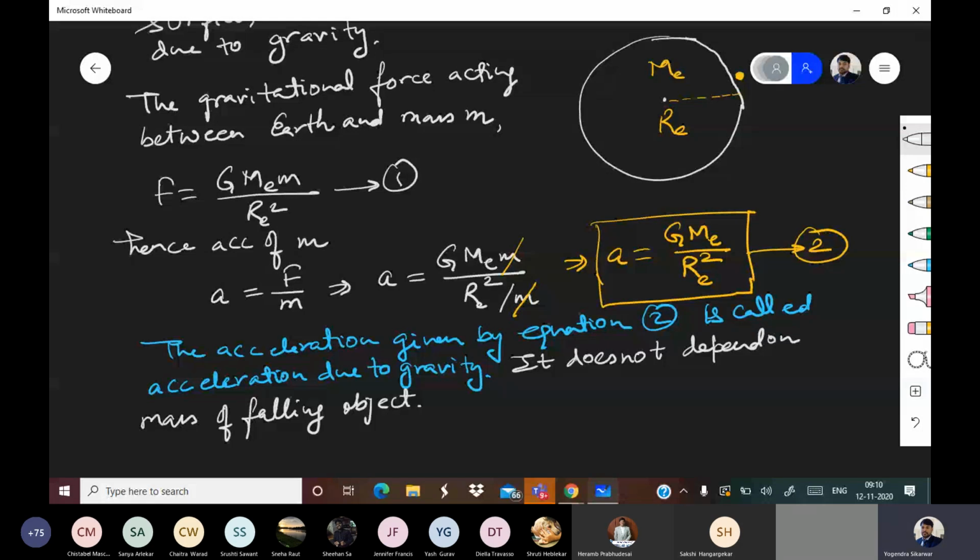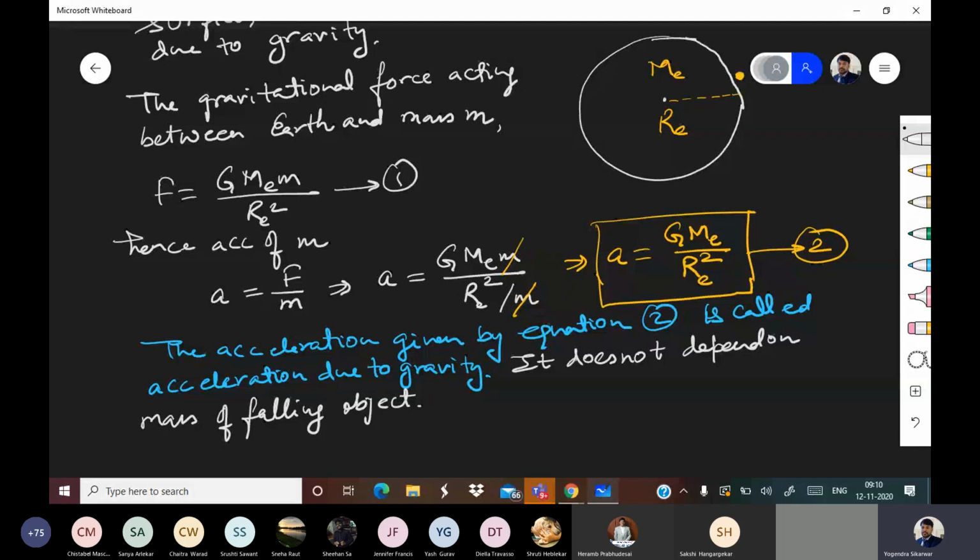So basically it is the same for all objects of all masses. Whether you are dropping a mobile phone or a pen or a stone or any valuable or invaluable object, acceleration due to gravity will be the same.